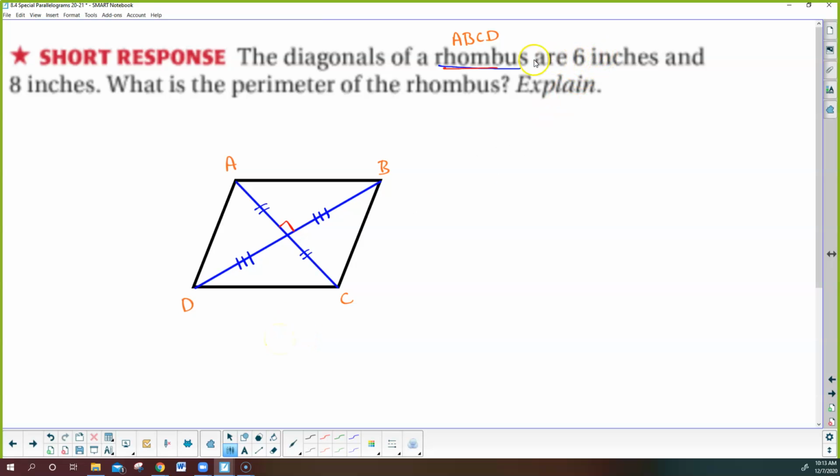So if one of my diagonals is 6, let's call that AC because that's the shorter one, AC being 6 was cut in half, right? So that piece is 3 and that piece is 3. And then the other diagonal, we'll call this BD, was 8 and that was cut in half.